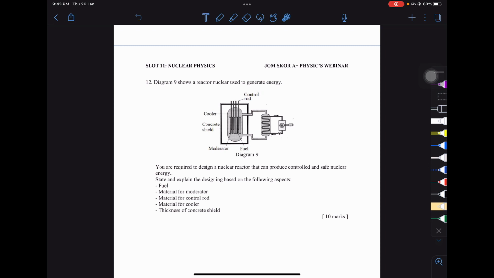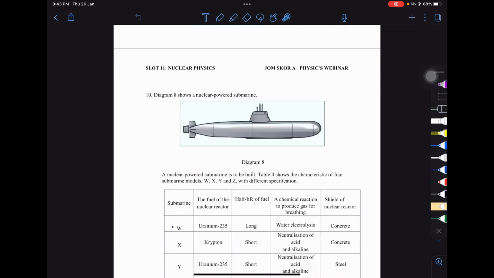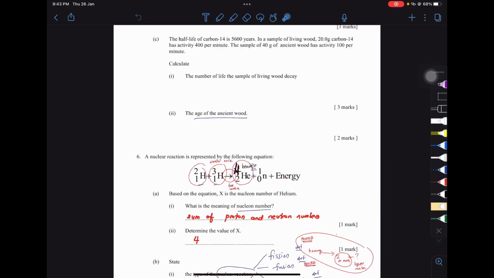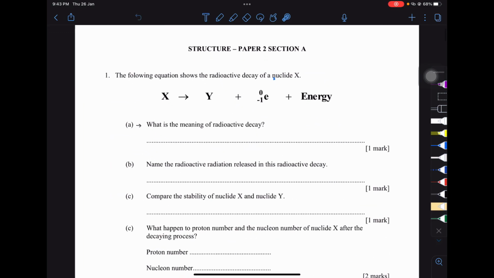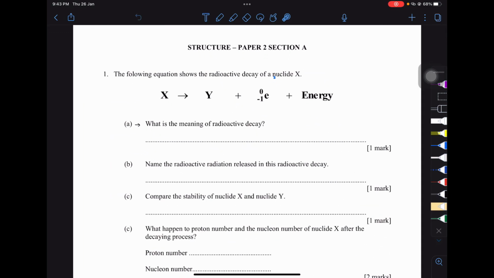Diagram 9 shows... before that, let's recall first what we have learned last time. The following equation shows the radioactive decay of a nuclide X. So where is the nuclide?